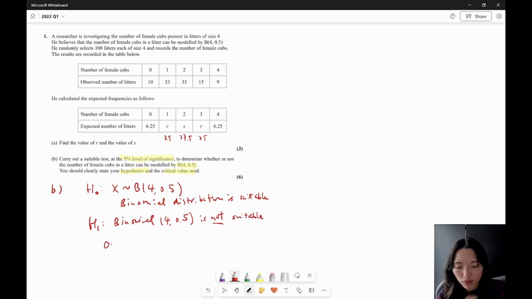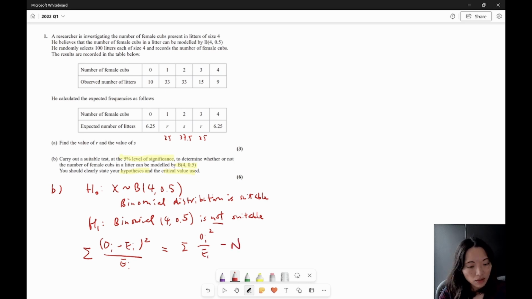You may remember this formula, observed value minus expected value all squared over expected value, and the sum of all of those, which could also be simplified into this formula. And for me, this formula is a much easier formula to use, so I'm going to use this. I'm going to write in this table the different values. So i could be 0, 1, 2, 3, 4.